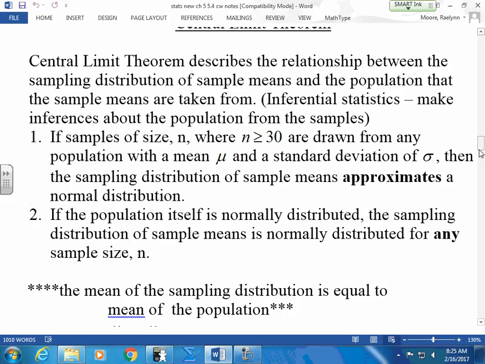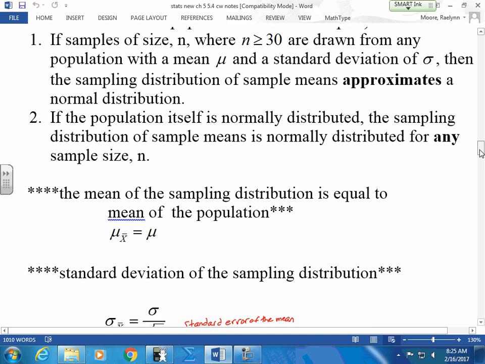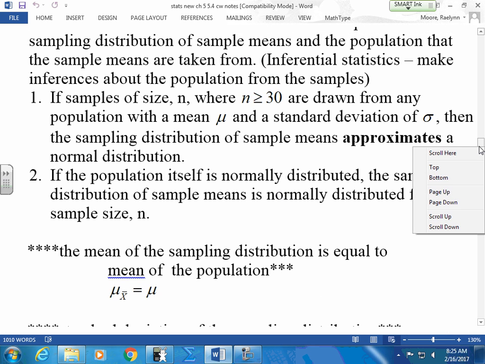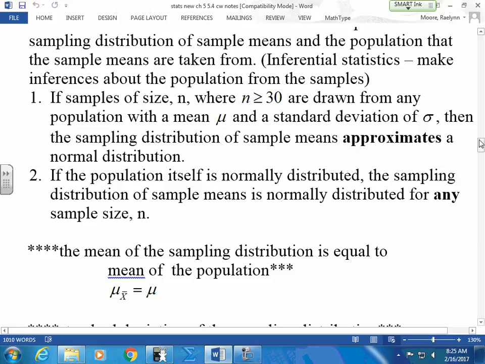Okay, basically, again, it's going to come down to your mean is going to be the same. How is this going to affect you? Hopefully that you understand at least the concept. The mean is going to stay the same, but your standard deviation is going to get smaller. Here's where your n comes in. Remember we always had to say everything was normally distributed? Your population is normally distributed. Well, now we have a couple of other ways we can say this.